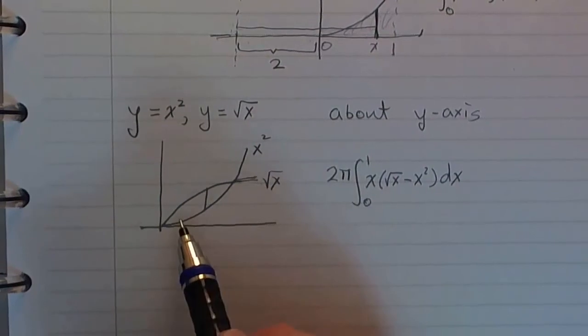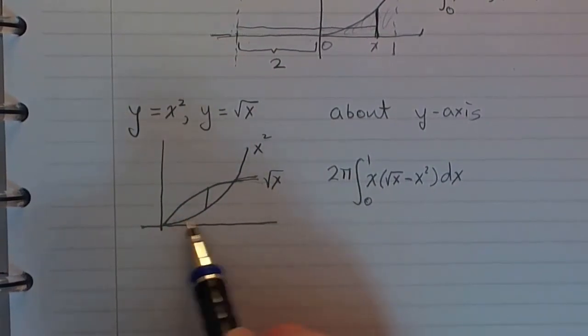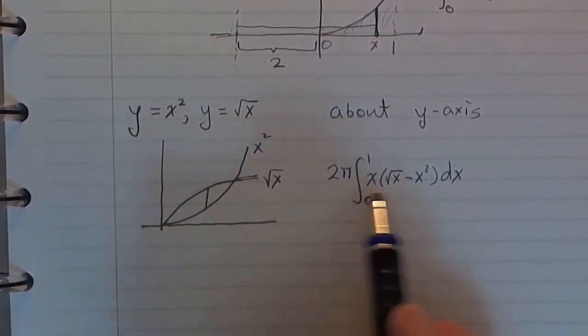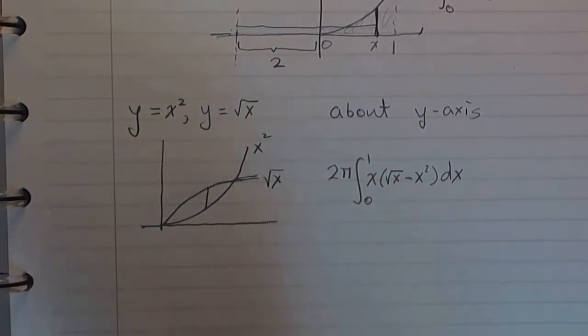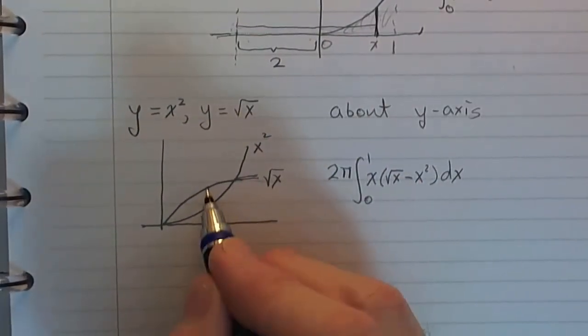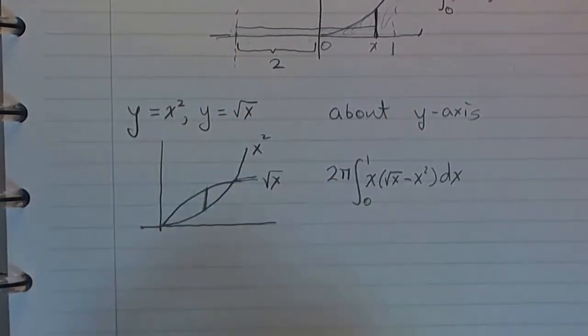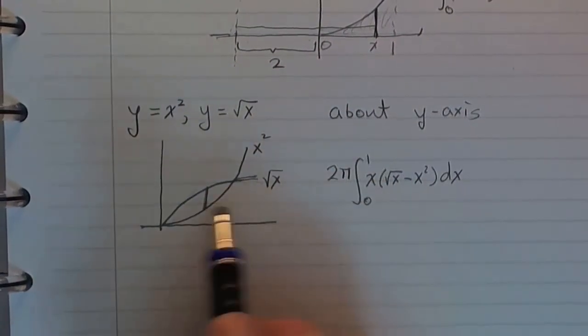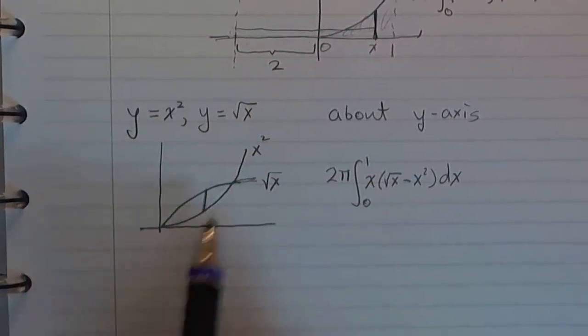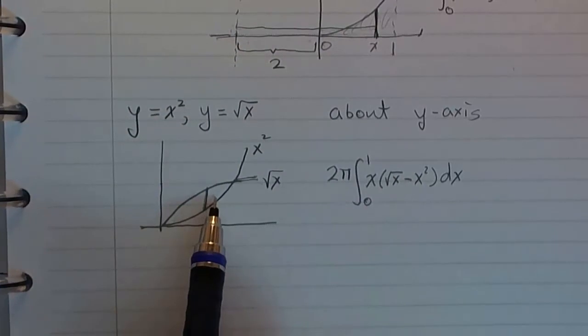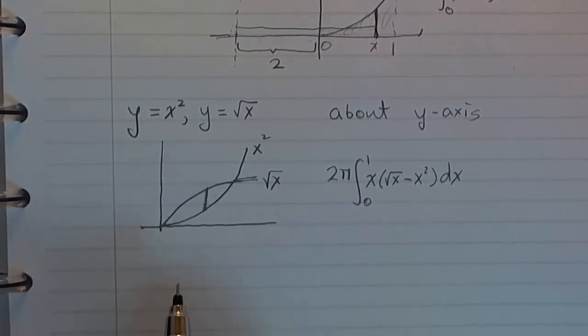So the difference is when we've got a region like this defined by two curves, we have to remember, okay, I've got to find the height, and the height is not just the function value. We have to be a little more careful. So this would be the height, and this would be how we would get that solid if we're revolving around the y-axis.